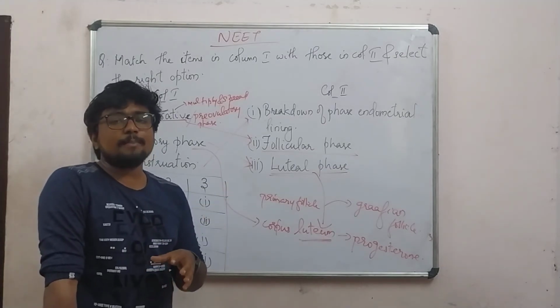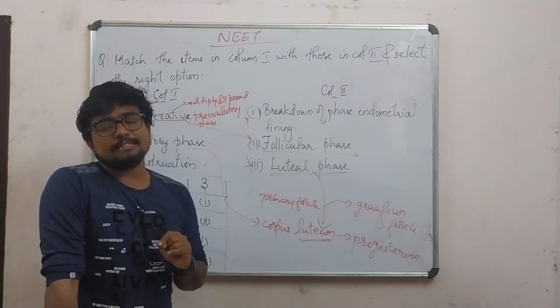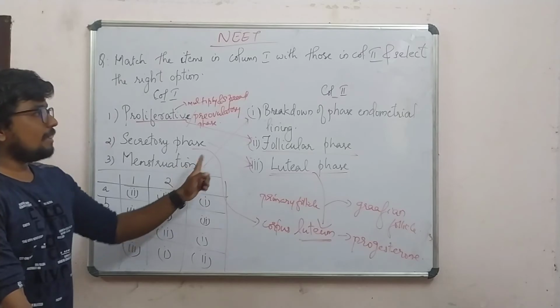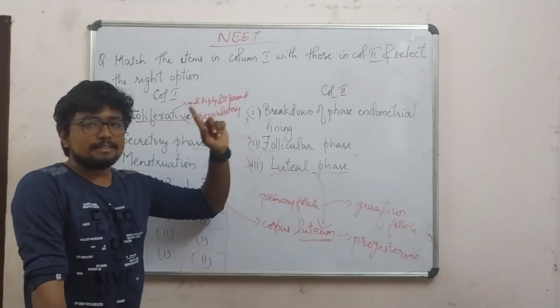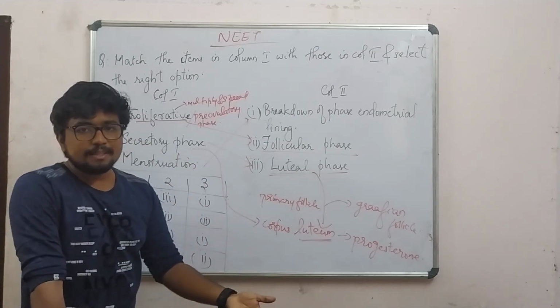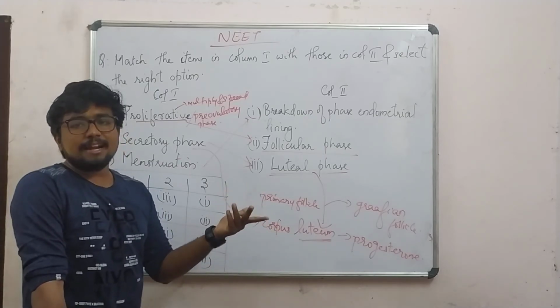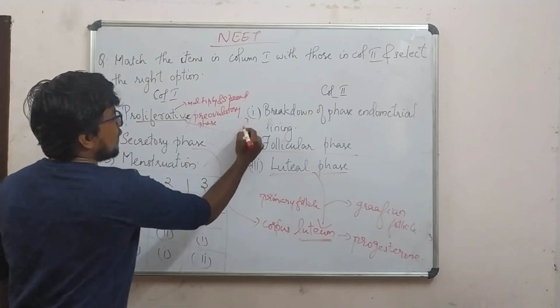And this shedding up of the endometrium along with the blood and the mucus is simply called the menstrual flow. So menstruation meaning breakdown of the endometrium lining. That is, the lining of the endometrium layer will shed up along with the unused ovum and some blood and mucus, causing the menstrual flow. So this matches with this one.